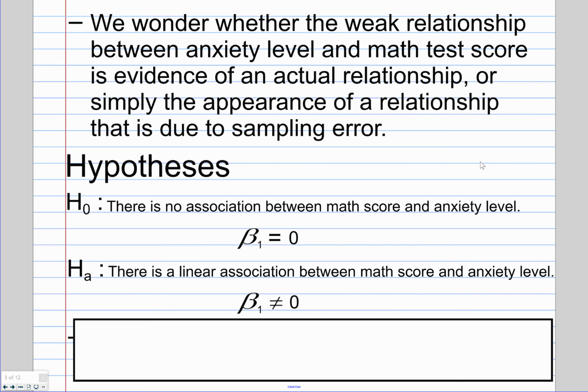I'm going to repeat that for those listening at home. Whenever you're doing a linear t-test, the null hypothesis is always going to say something about there being no association between your two variables. Now, if you look at the alternative, we're saying that there is.